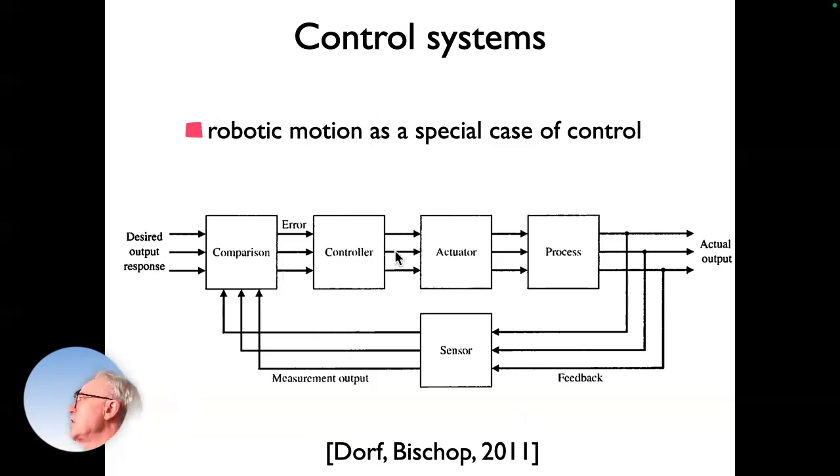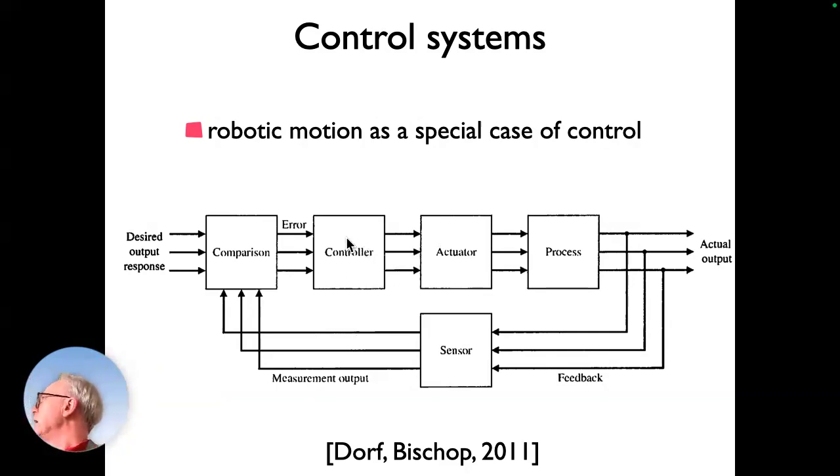This chain here is sometimes cut up into different pieces depending on how detailed you're analyzing this. Ultimately the process is whatever that is. The robot arm would be that mechanical device. You may have a particular way of influencing that process. With the robot arm, it's of course the motors mounted on the joints, and that's the actuator. For a chemical plant, it would be perhaps some valves that you can act on.